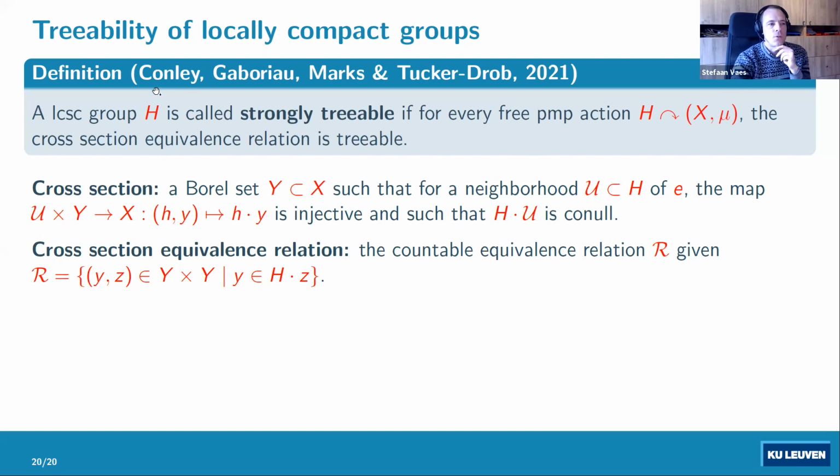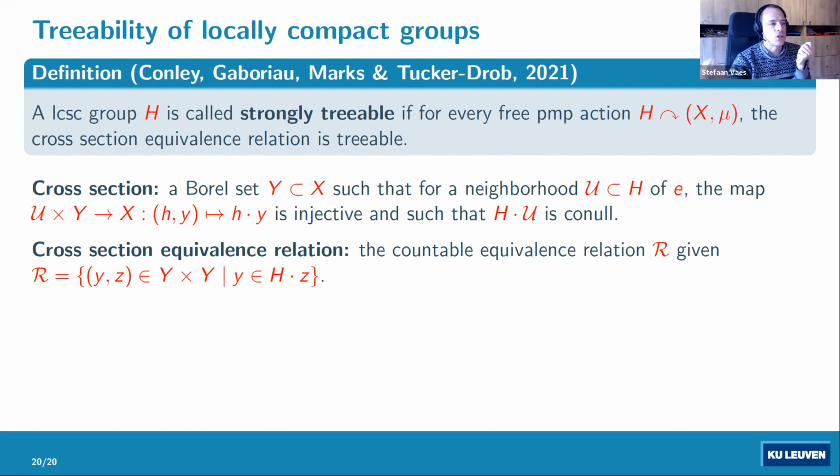So there is work of Conley, Gaboriau, Marks, and Tucker-Drobe. The notion is strong treeability for a locally compact group. A locally compact group is strongly treeable if for every free and probability measure preserving action of that group, the so-called cross-section equivalence relation is treeable.